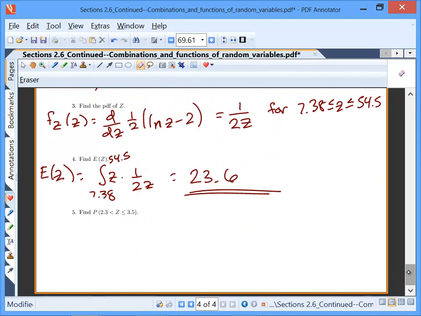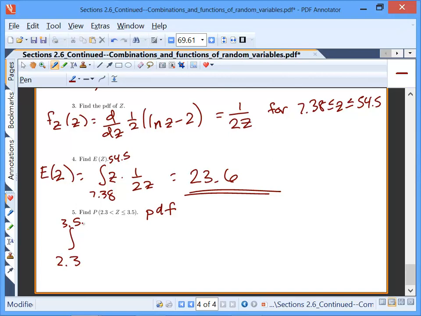And finally, if I want to find the probability that z is between 2.3 and 3.5, there are two ways I could do this. I could use the CDF or I could use the PDF. Let's go ahead and use the PDF just because we used the CDF last time. So how do I do this using the PDF method? I have to integrate from 2.3 to 3.5, but what is my PDF for those values?